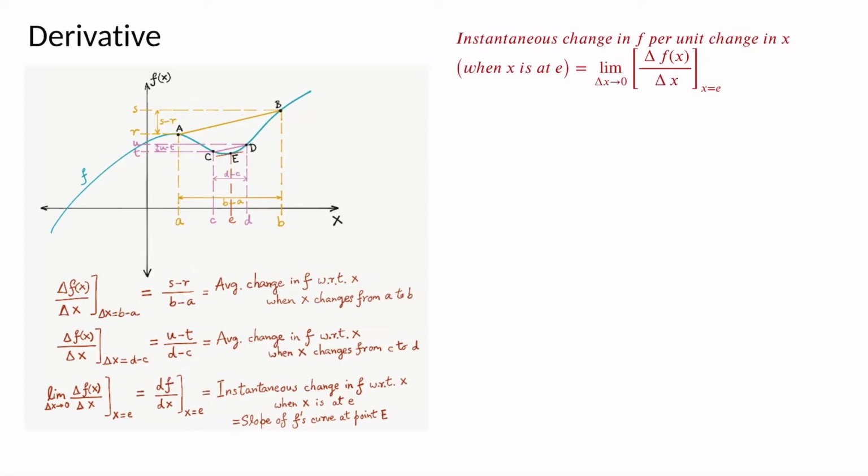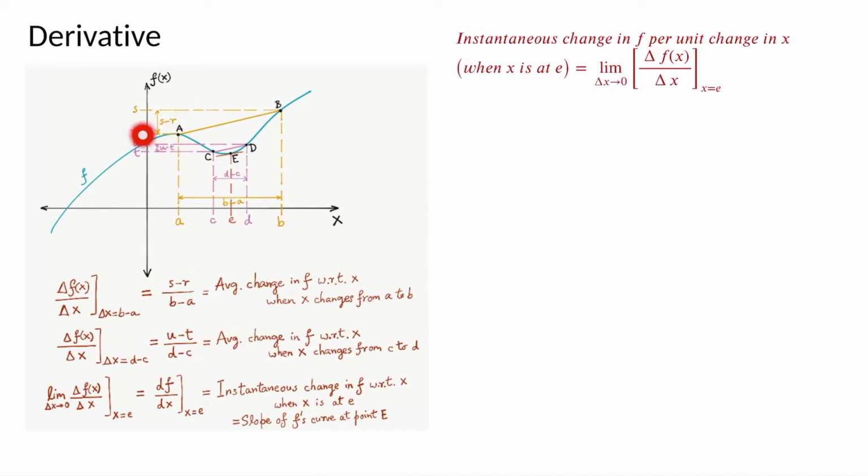One way to do that, and that's how we'll understand this definition, is to take two distinct points, let's say a and b, on either side of e, and let's assume that they are equidistant from e, and let's try to find the slope of this secant that we have drawn here. This secant connects the points A and B, and A is the point on the curve.